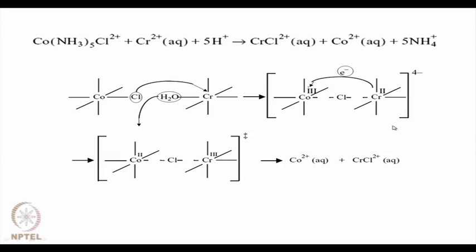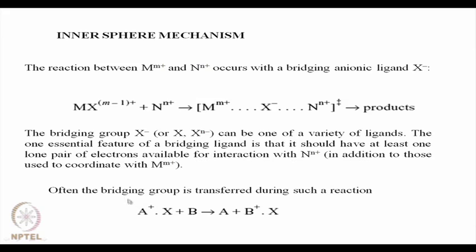After the transfer, it was initially cobalt 3 and chromium 2. Now the electron is transferred, meaning cobalt is reduced and chromium is oxidized. So the redox reaction, the electron transfer, has occurred via this bridging chloride, and then ultimately the two will separate out. As I said, often the bridging group is transferred during a reaction.